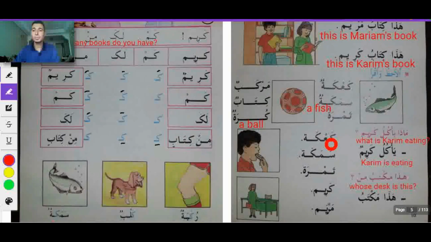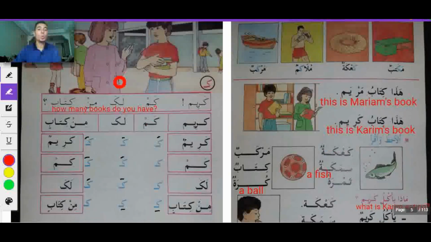So here we will see a new letter. The letter for today's lesson will be حرف الكاف.